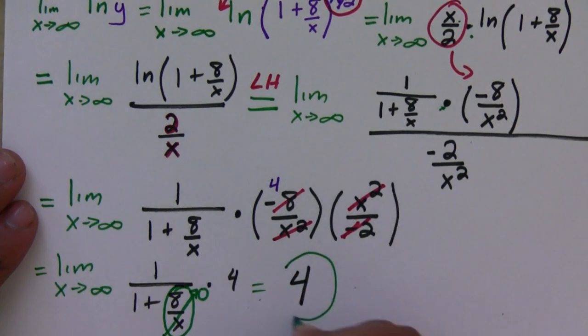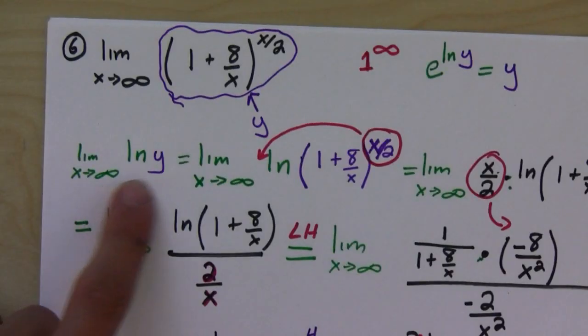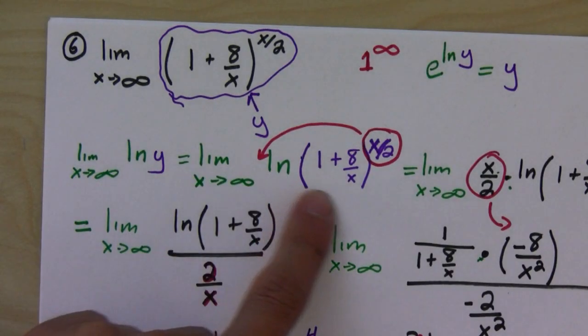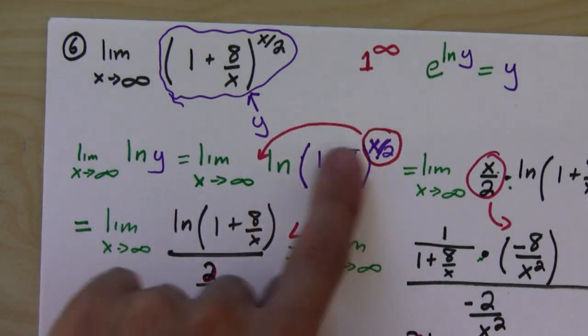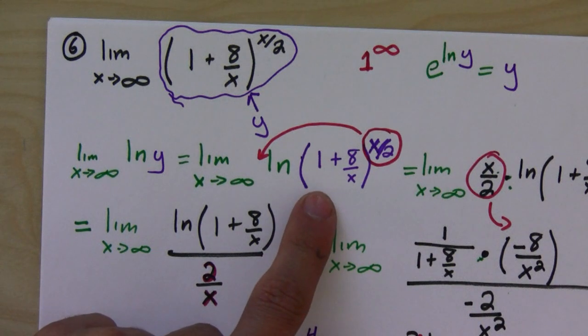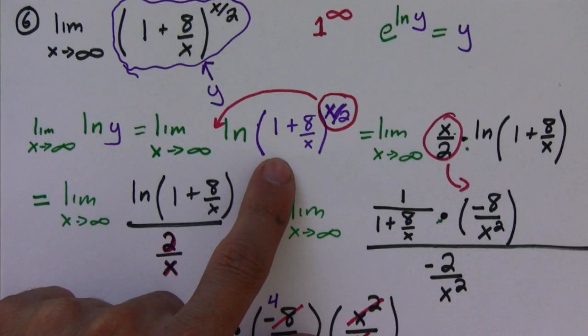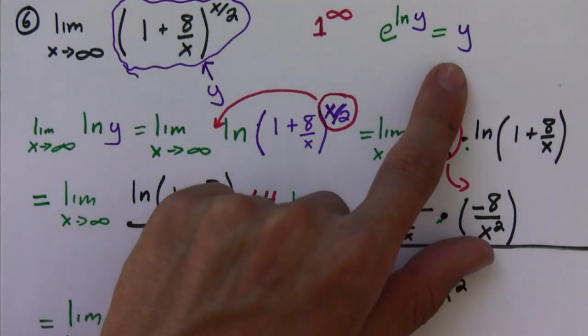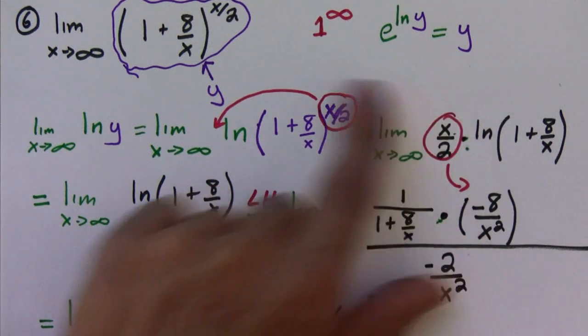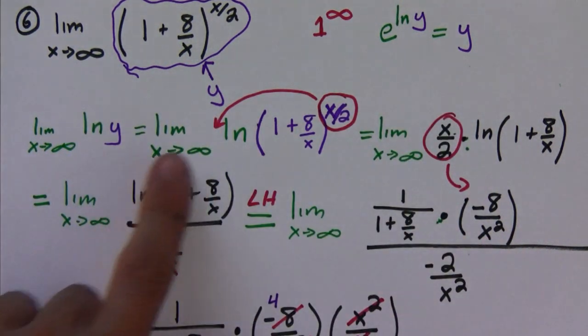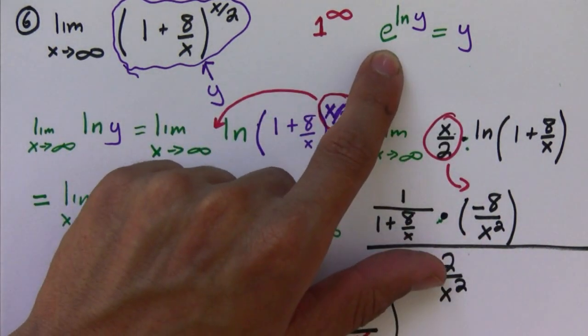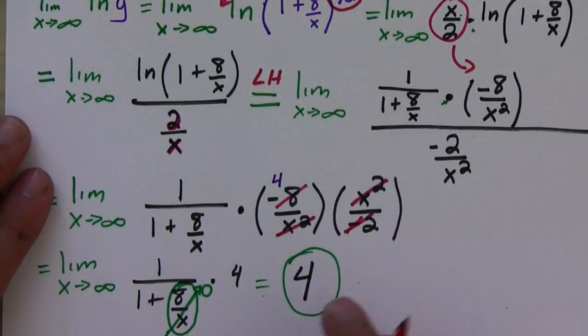This number 4 is the limit as x goes to infinity of natural log of y, which is this whole purple guy. And what I really want is the limit as x goes to infinity of y. So my answer is going to be e to this number that I just found, 4.